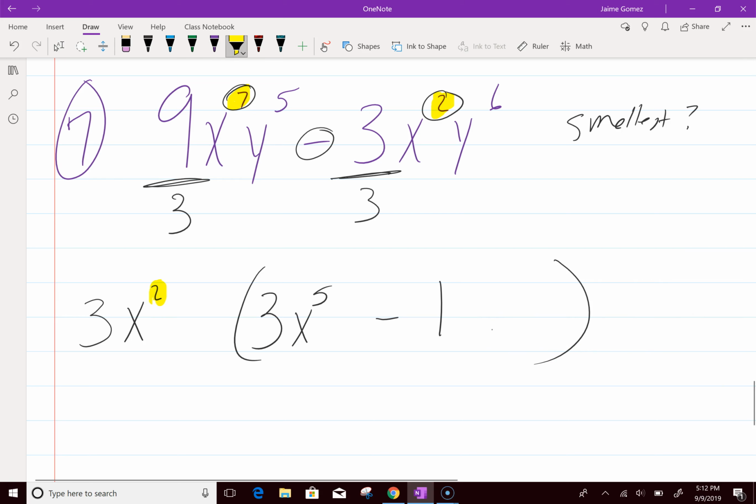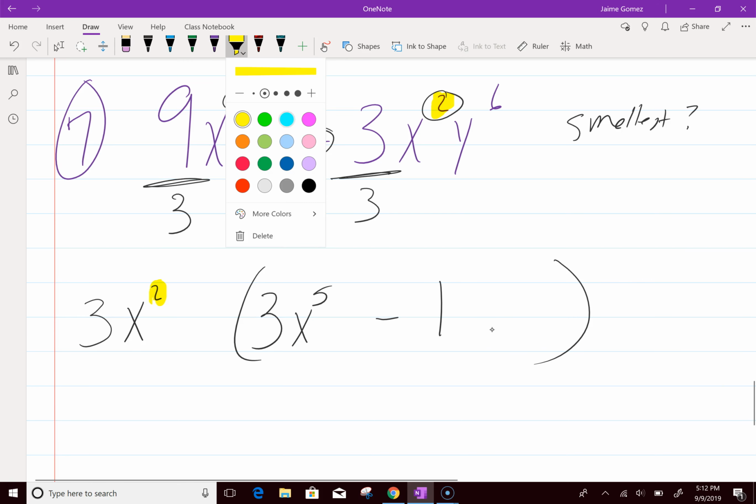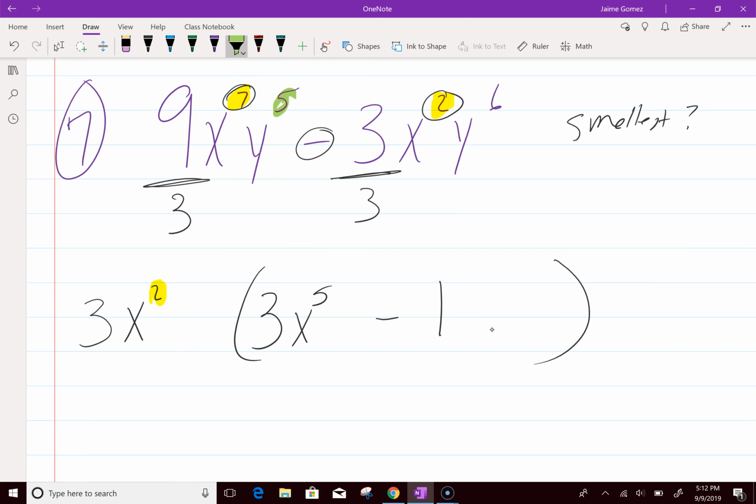Next. I have 5 y's here and 6 y's there. Which one's the smallest? The 5. Y to the 5. If I have 5 here and I'm taking away 5, then 5 minus 5 is 0, that means there is no more y right here.